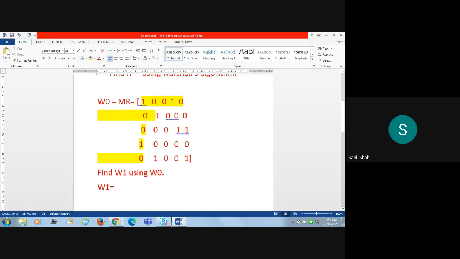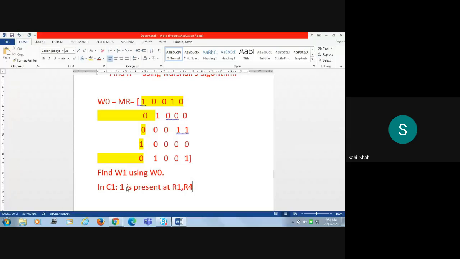In column 1, 1 is present at row 1 and row 4.